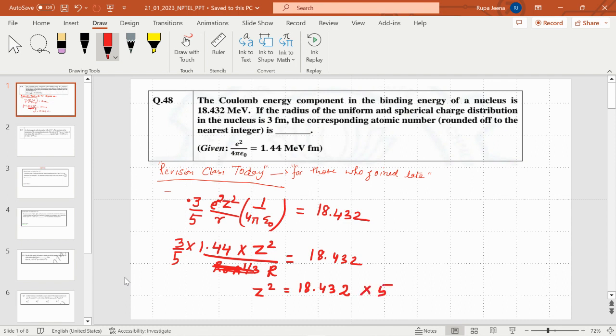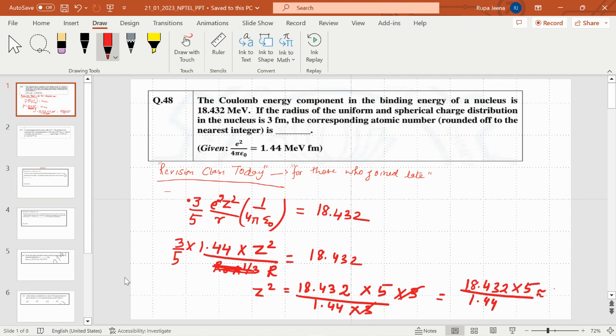So Z square is 18.432 into 5 upon 1.44 into 3. And what is the value of r? r is given as 3, right? The 3 will cancel and you will get 18.432 into 5 upon 1.44.